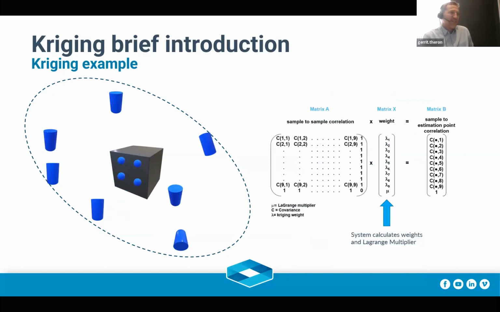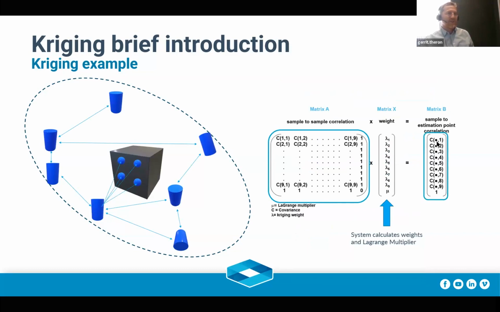If we look at it, basically the system tries to solve these matrices. What we see on the left, matrix A, is basically all the covariance values between the sample pairs, and then on the right hand side, matrix B, we've got the sample to estimation point correlation, and in the middle the system solves for the weights for each sample.